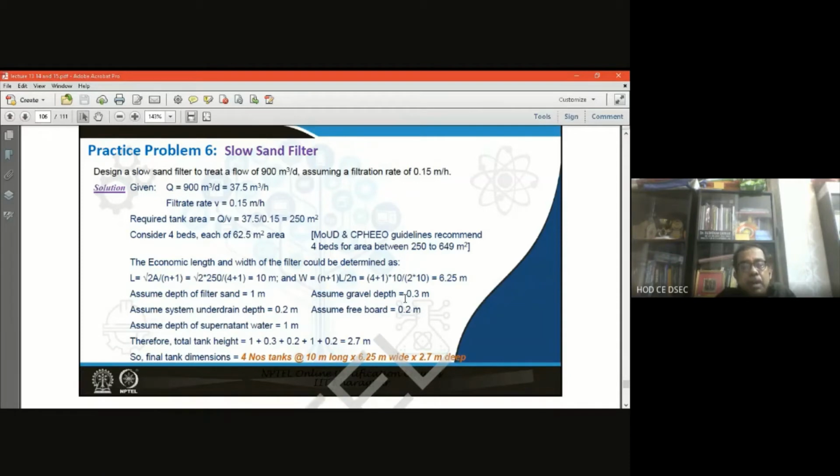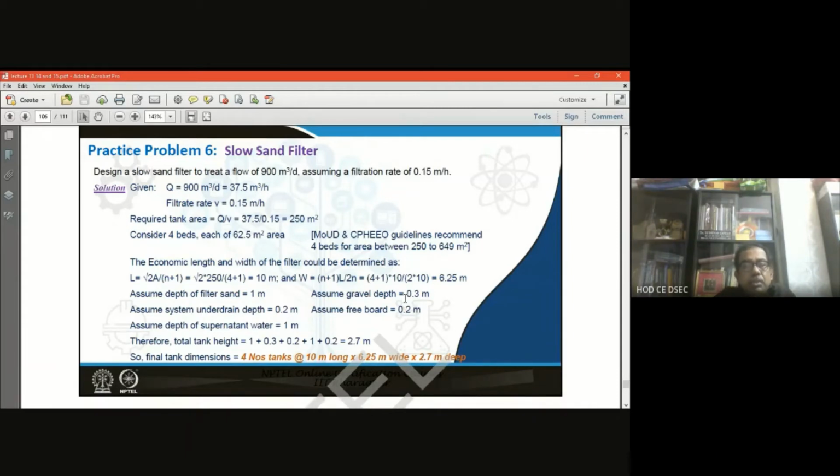Now as per the MoUD and CPHEEO, the Ministry of Urban Development and the Central Public Health and Environmental Engineering Organisation, the guidelines recommend 4 filter beds for an area between 250 to 649 square meters.